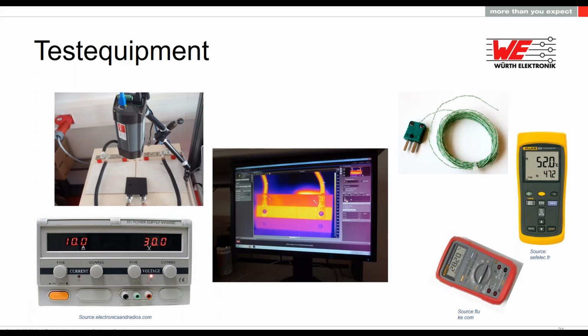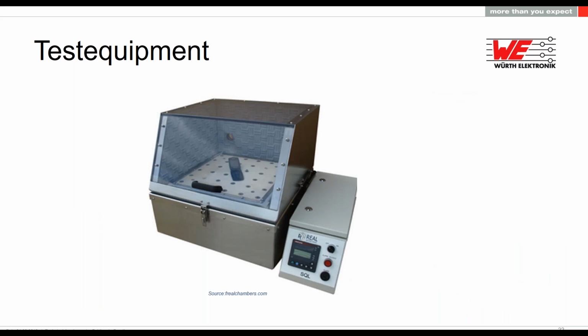Here are just some pictures of the test devices. The thermal camera is in the top left picture, and in the middle you see the image of the thermal camera. Bottom left you have a power supply, and on the right side you have a thermocouple on the top, and two meters simply for getting the values of the thermocouple. And here is a picture of a climate chamber to have stabilized environmental conditions.